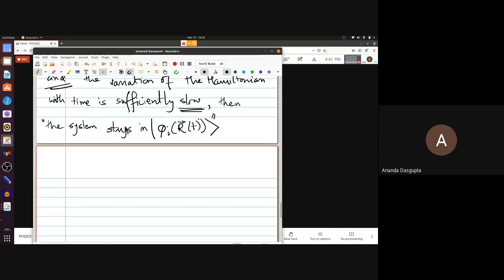Okay, let me just state this correctly first. This is, of course, a very loose version of the statement. The actual statement would be something like this. So forget this thing. Start from there. The state at time t, which is bigger than t0, that is, for some later time t, differs.